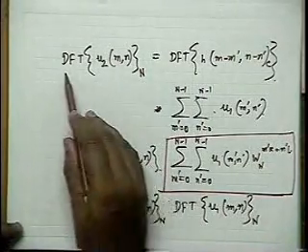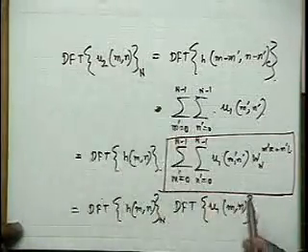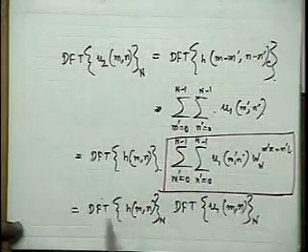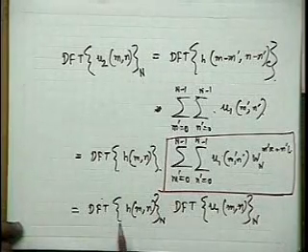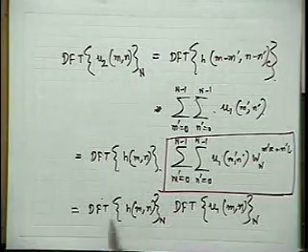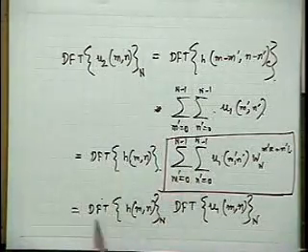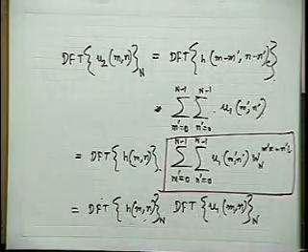That means when I take the DFT of a convolution signal, it is the product of the DFTs of the functions involved in the convolution. So the DFT of this simply becomes a product of DFT h(m,n) and DFT u1(m,n).